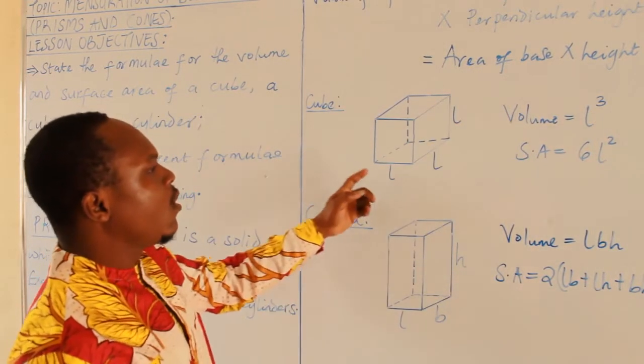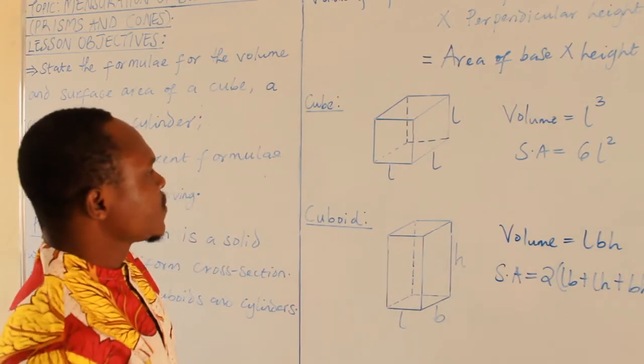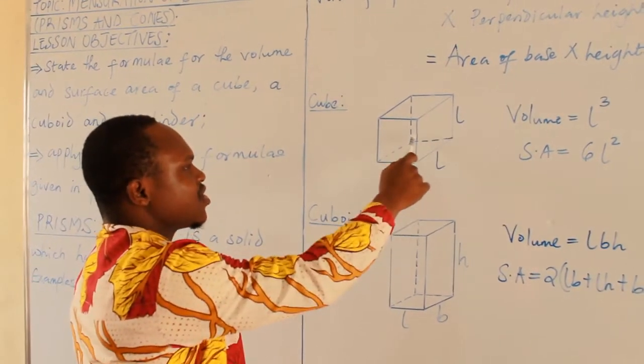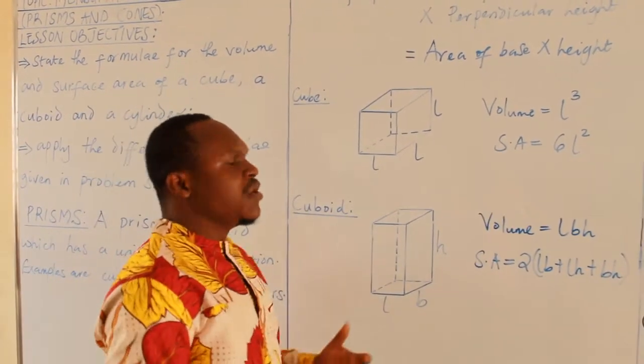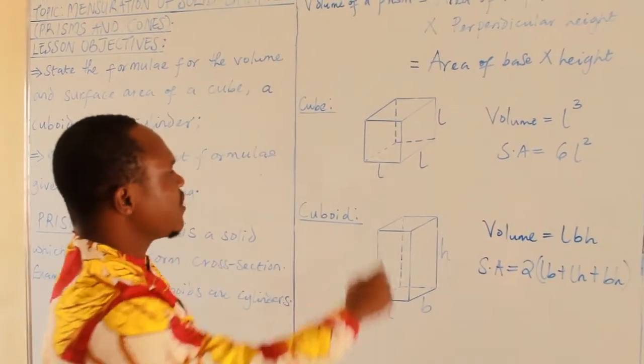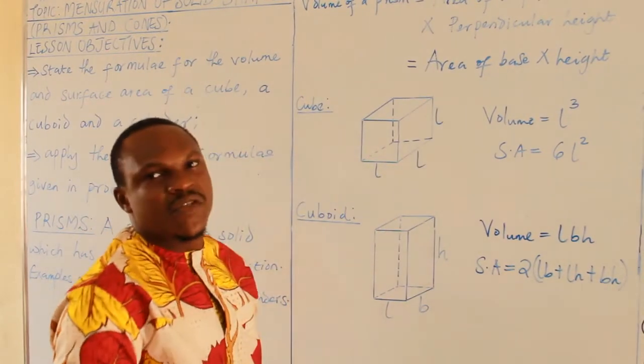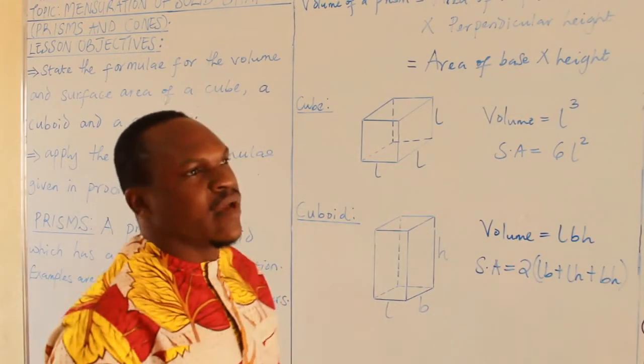All of its sides are equal. The area of a square is its length times its width, so L times L gives you L squared.